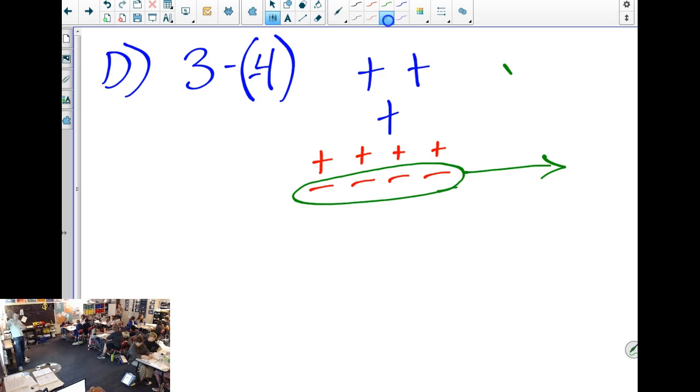And I'm left with those extra positives, which still equal 7. Whatever makes sense in your brain is fine, as long as you can make sense of these problems. You don't have to take this method, but Joey kept arguing that he wanted to take away 4 negatives, so I'll give it to him.